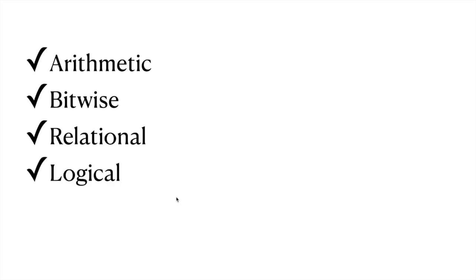The other operators in Java are logical operators. We will have other operators like the ternary operator and instanceof operator and so on. We will see them in their respective sections, but these are the basic operators that we will discuss in this section.